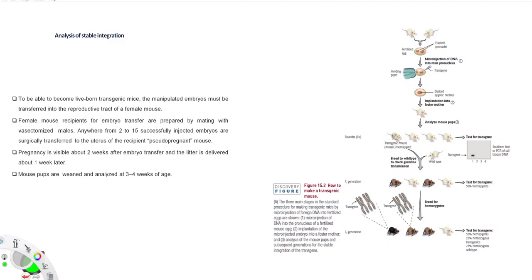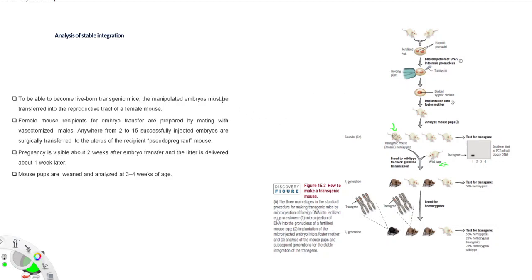All right. So how do we analyze now for stable integration? In order for us to have the stable integration, what we'd want to do is actually breed this mosaic mouse with the wild type here.